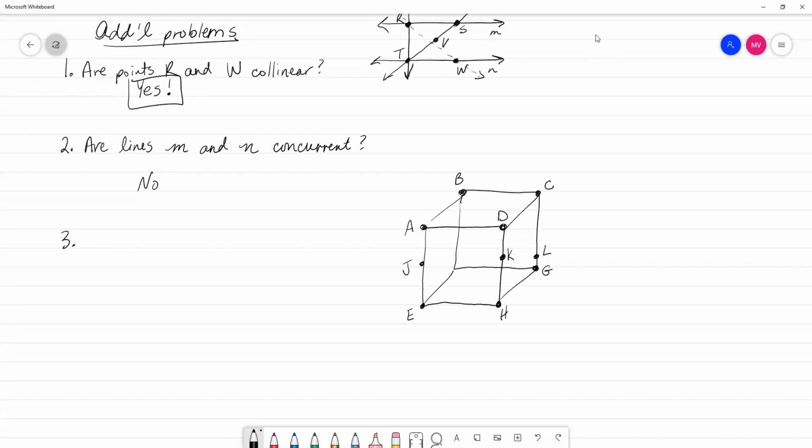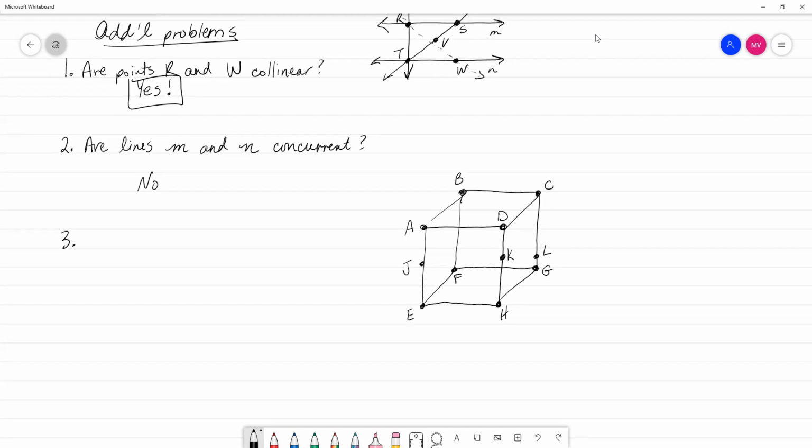A, B, C, D, E. Oh, there's F. I know I missed one. E, F, G, H. I don't know why they don't like to use I, but they skipped it. And then J, L. Okay. 1, 2, 3, 4, 5, 6, 7, 8, 9, 10, 11. Okay, good deal.